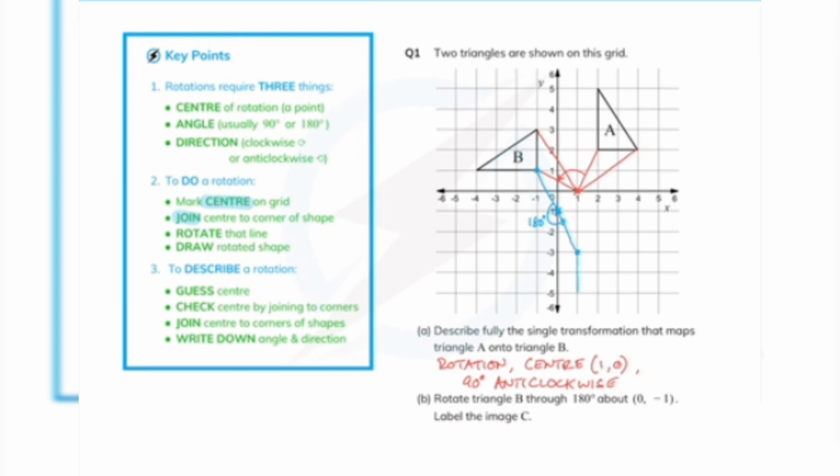If you want to do it with other corners, you can, but it's just as easy to think how the shape would rotate in your head. And there it is. There is shape C. So remember, for rotations, whether you're doing or describing, there are three things involved: centre, angle, and direction. And that's all there is to it.